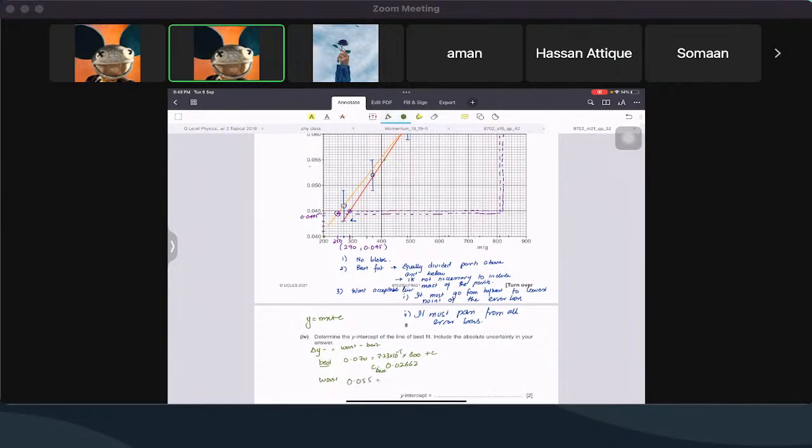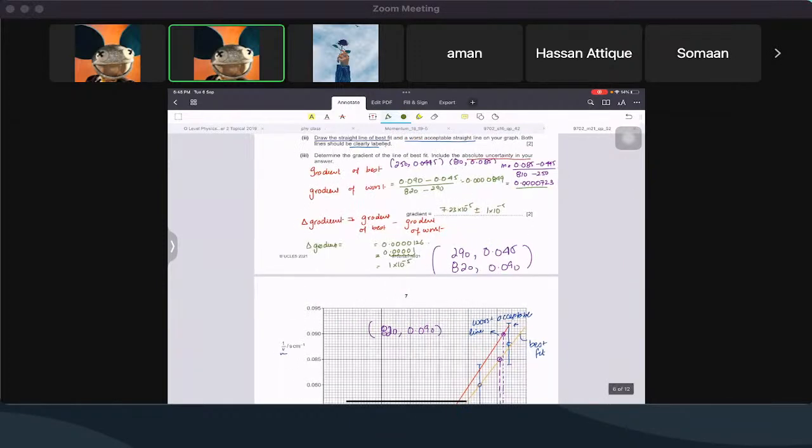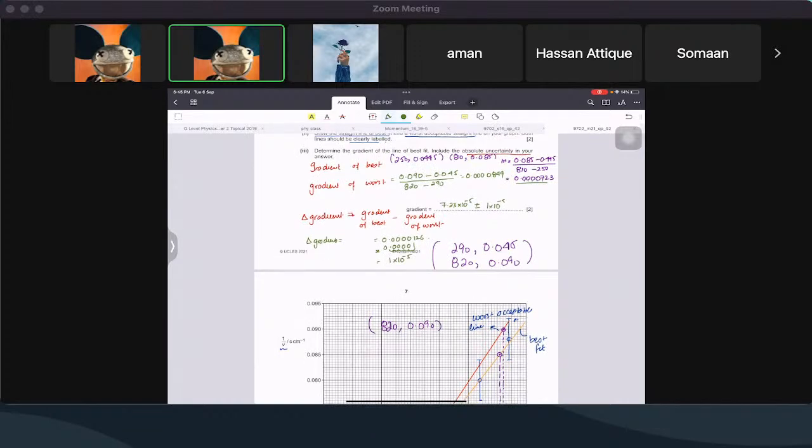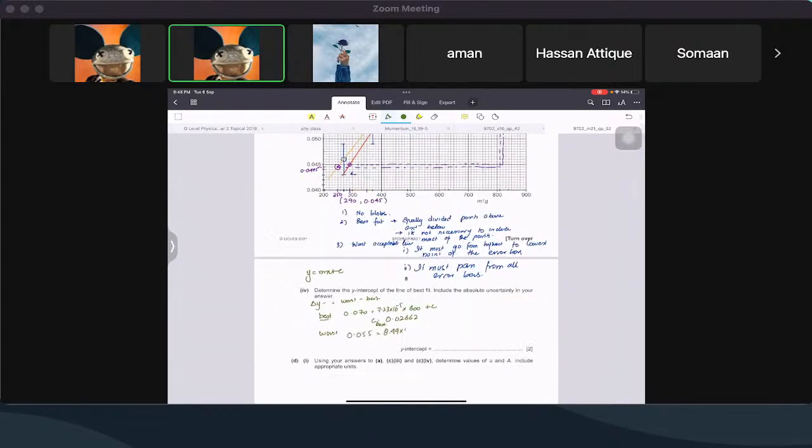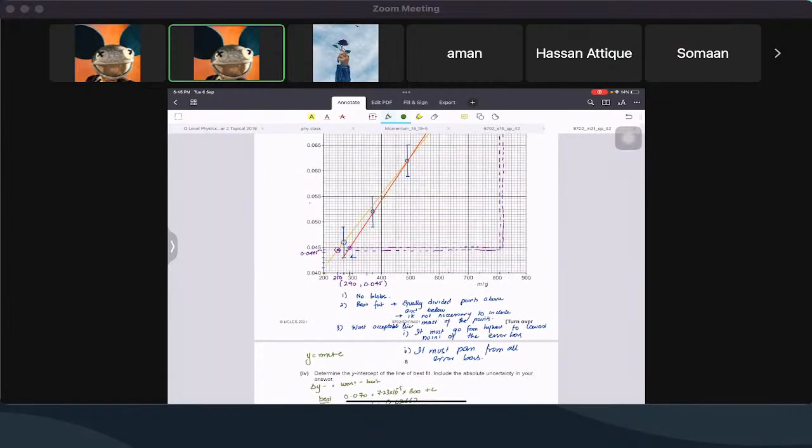We're going to take it from the previous one, that is basically 8.49 times 10 raised to minus 5, times the value here was 410, plus c.